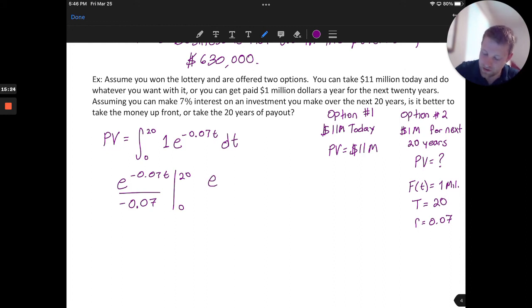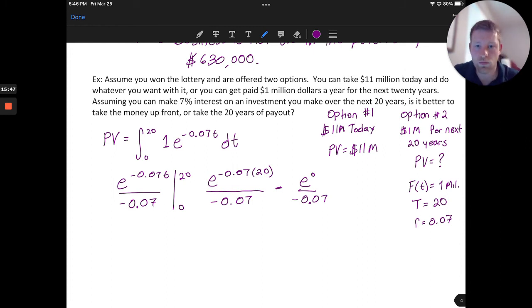We have e raised to the negative 0.07 times 20 divided by negative 0.07. And then we'll subtract e raised to the 0 over negative 0.07. We can offer this is going to be really a positive value here when this is done. And again, e to the 0 goes to 1.